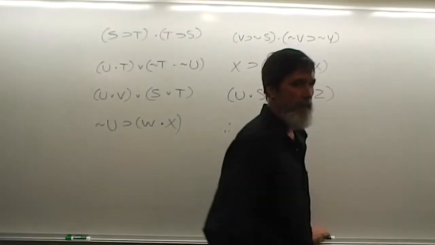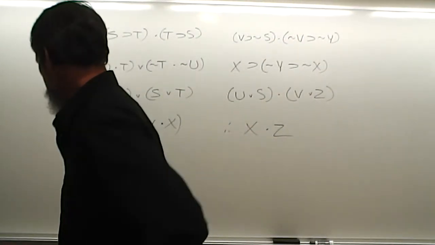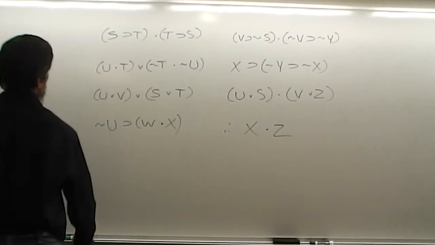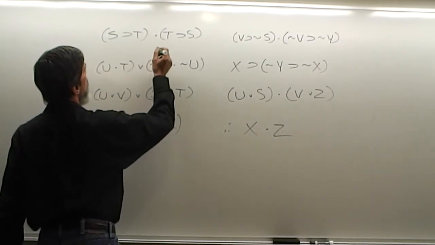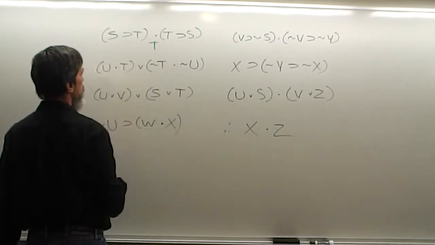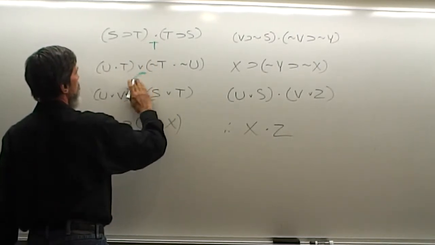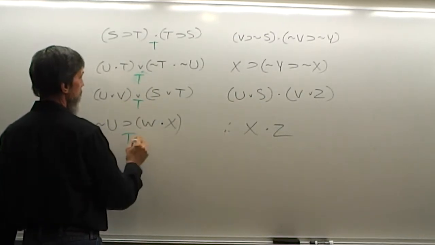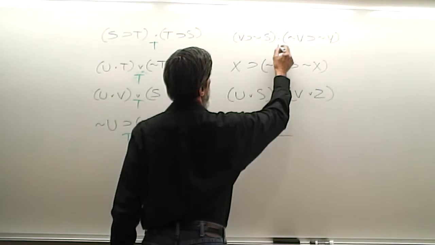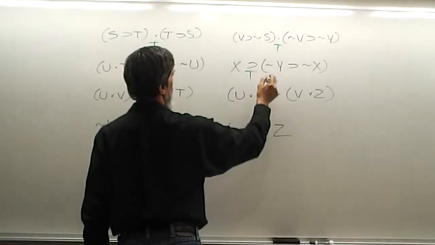Let's see if this can be done. I don't think this is going to be easy. That's nice. That's no help. That's not going to be any help. That's not going to be any help. That's some help. Not that.